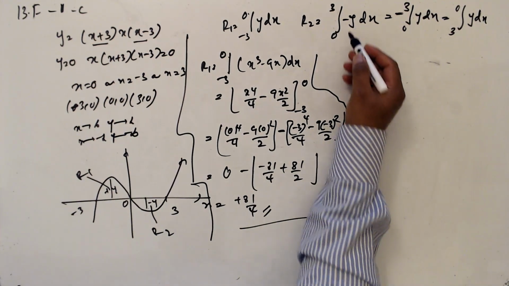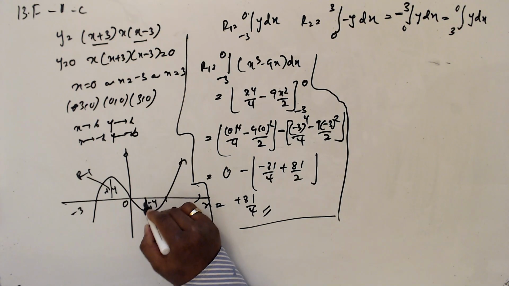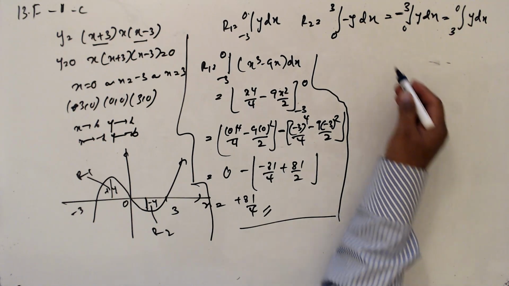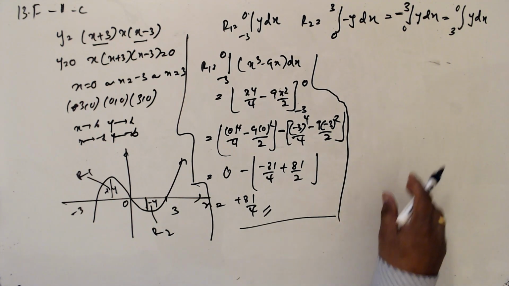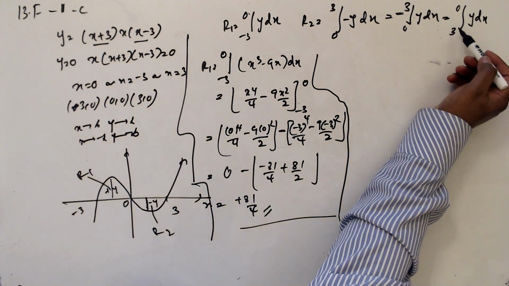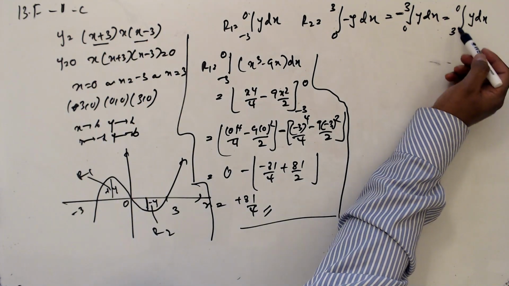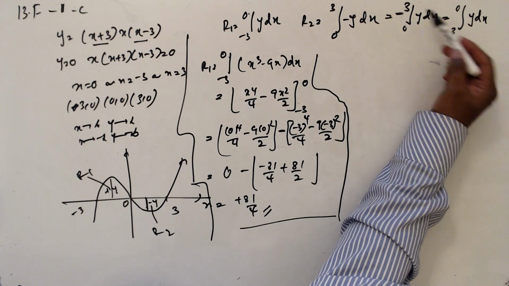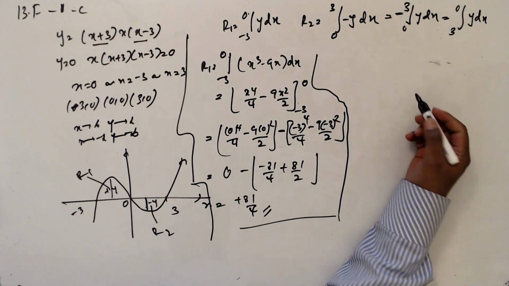So why did I put minus? Because it is negative, so we are finding the area of a negative. You can work with the negative as usual and you will get the positive. Or at the initial stage, you can simply get rid of the negative by switching the limit. So minus 0 to 3 means 3 to 0, positive.